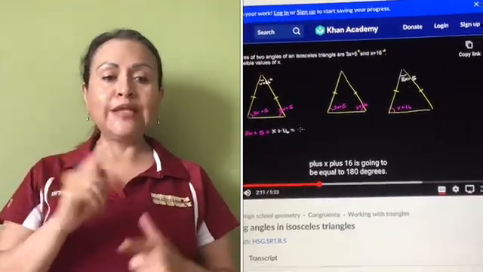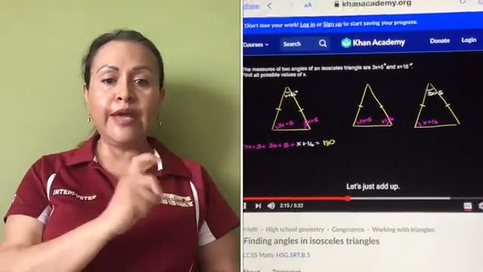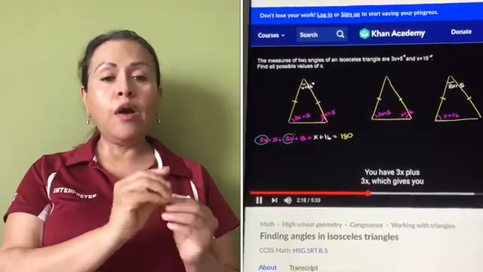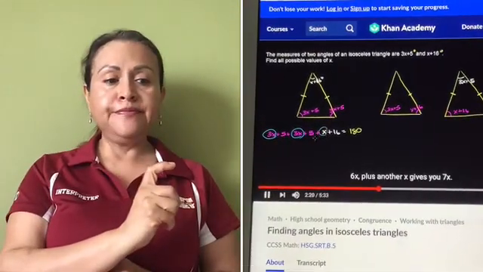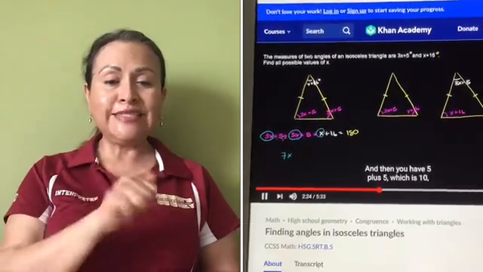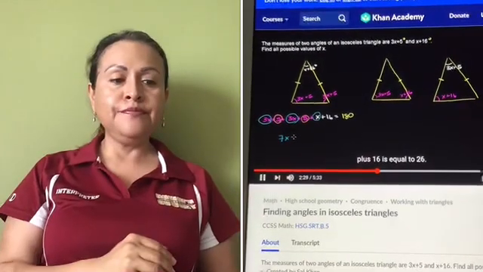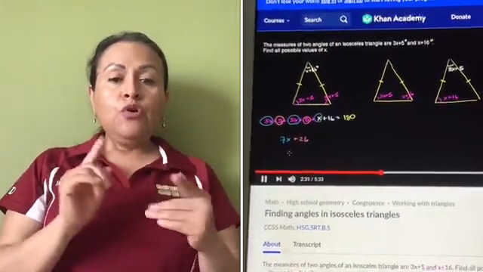We have 3x plus 3x, which gives you 6x, plus another x gives you 7x, and then you have 5 plus 5, which is 10, plus 16 is equal to 26. And that is going to be equal to 180.